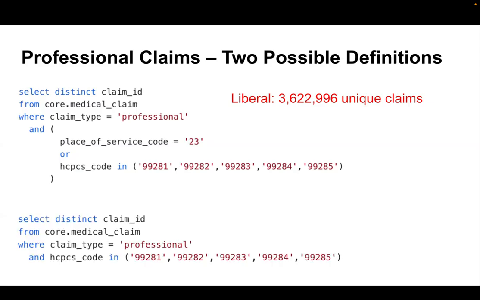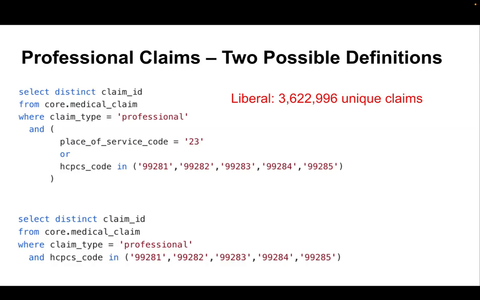Or we can take a much more conservative approach. We can say, the billing guidelines say if they're in the ED visit, they should have a 9928X. And the HCPCS codes are the most reliable information in a claims data set, so we're only going to rely on those codes.